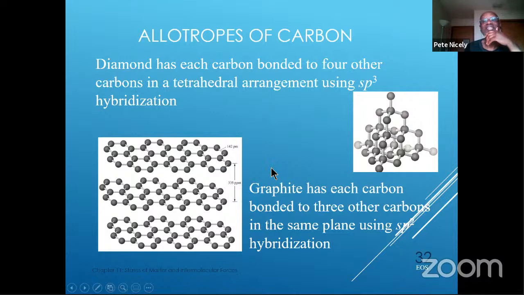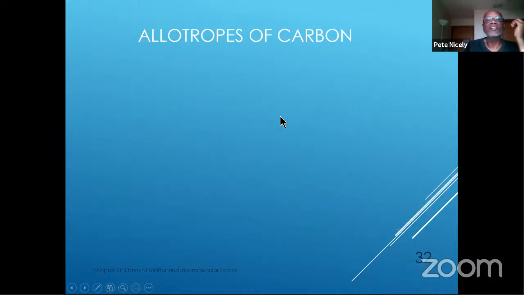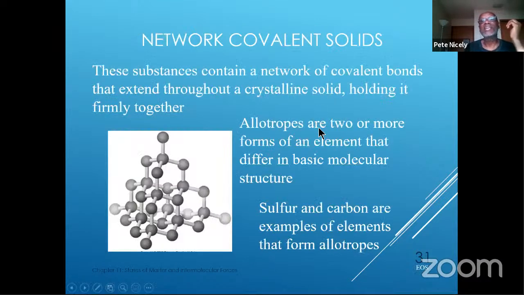These different forms of carbon are called allotropes, all right? And I think I gave the definition of allotropes earlier, which is basically the existence of 2 or more forms of an element that differ in their molecular structures, right? Carbon is one of them, and sulfur is another example of an element that can form allotropes.